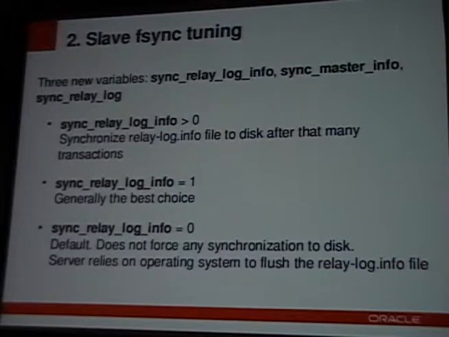Generally, you want to set it to 1, so that you sync after every transaction, so the relay log info correctly has the information about how much it has received from the master. Since we want things to be exactly as before for the people who upgrade, the default is to have it disabled.